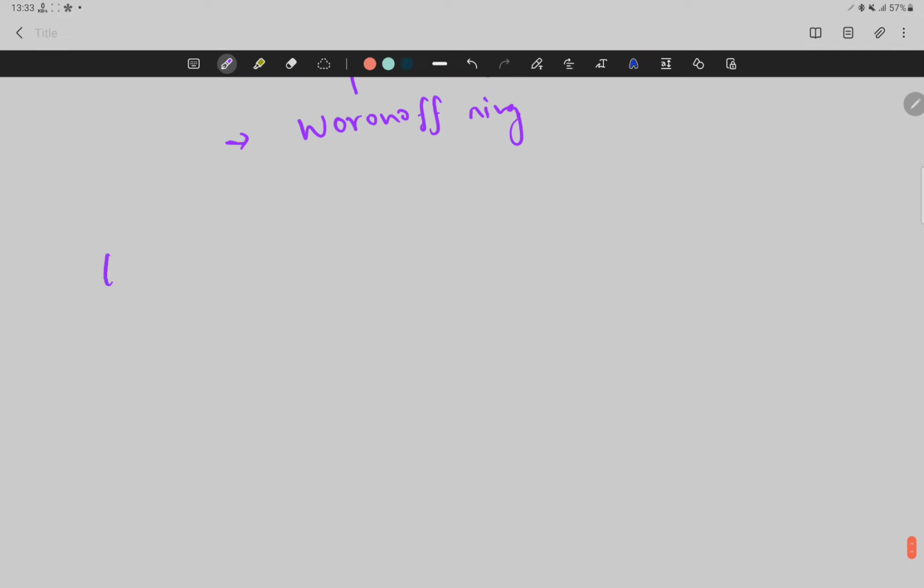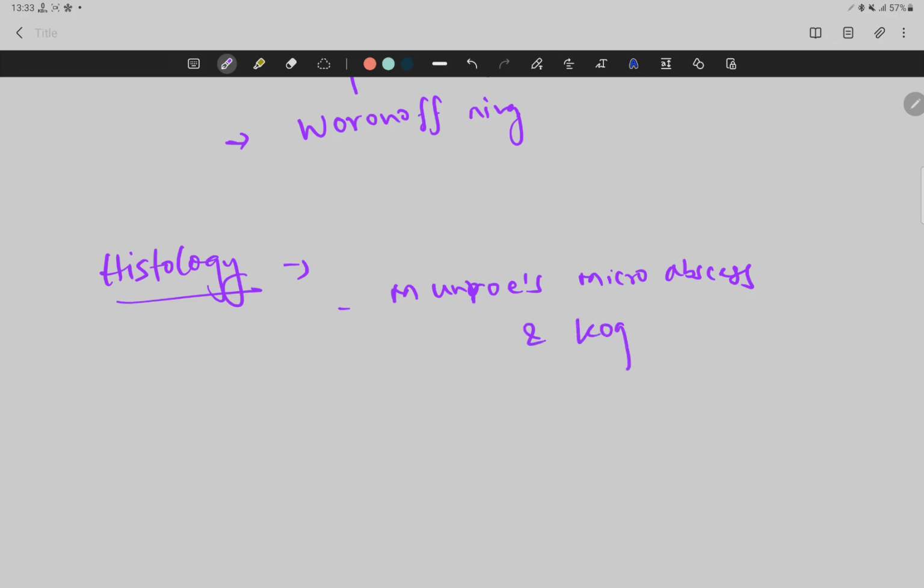Then histological features, that is important. Histologically, there is Munro's microabscess seen, and Kogoj's spongiform pustule seen.